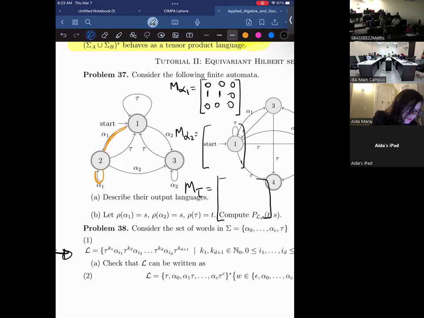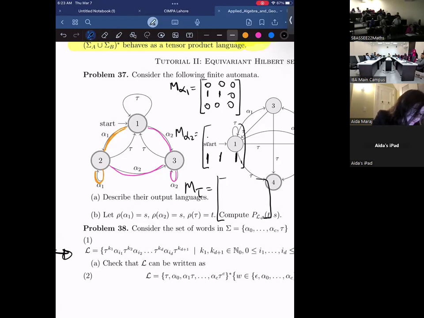And then similarly with the other one, M of alpha 2, we have alpha 2, alpha 2, alpha 2. So we have 3 of them. So we have a 1 at position 3 1. Okay, so we have a 1 here. We have 3 3. And we have 3, last row.